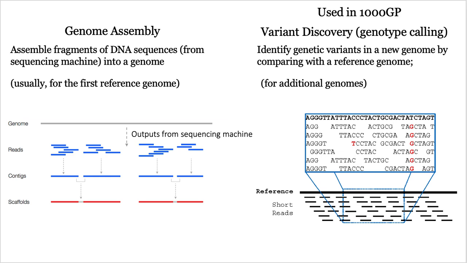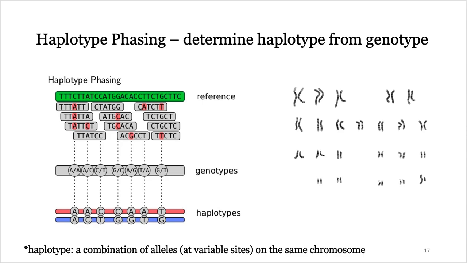For example, for this specific place, all the new sequencing results are G, so that individual is GG for this position. For some other position, similarly, you map the reads to the reference genome and find this position is all A, so you have AA at this position.